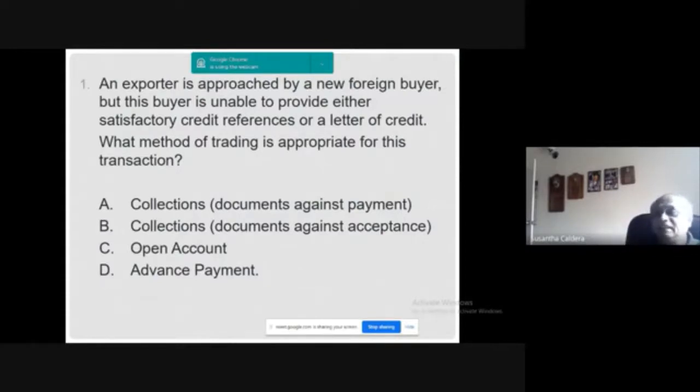And then he is unable to provide satisfactory credit references. That means his accounts are useless and he can't submit an LC. Then what is the best method? The answer is D, advance payment. If you want the goods, send me the money, then I will send the goods.